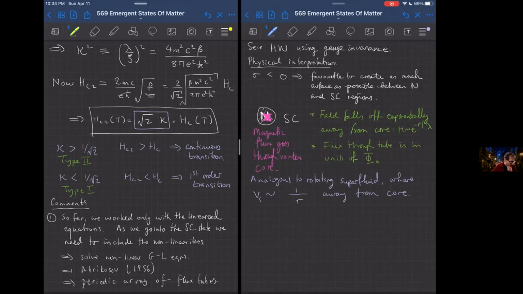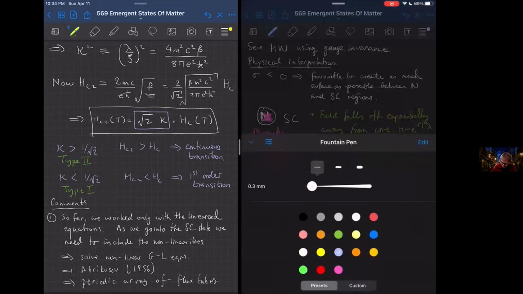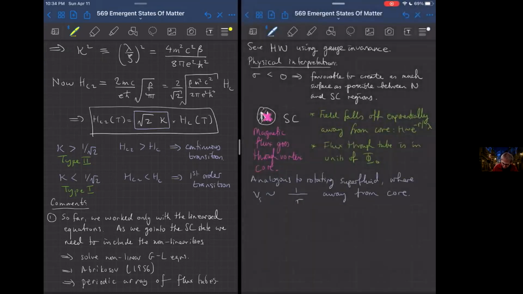So let's talk about the transition between the Abrikosov vortex phase and the Meissner phase. So this is comment number 1 that we've made. So now let's make comment number 2.